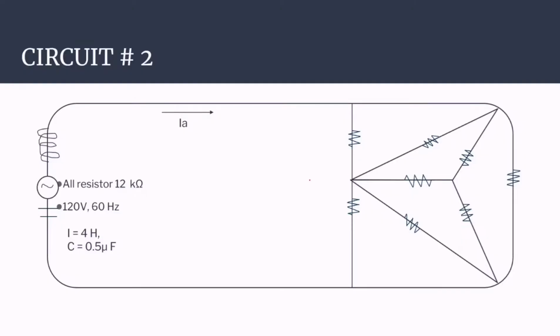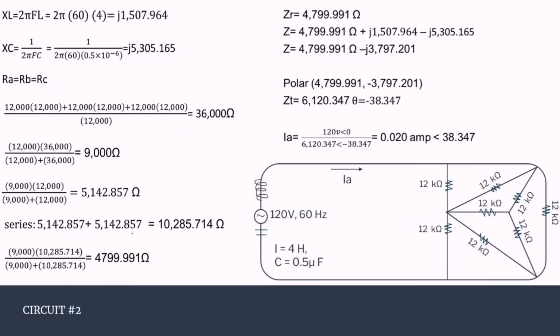For our next problem, our givens are: all resistors are 12K ohms, 120 volts, 60 hertz, 4 Henry, 0.5 microfarad. Since this problem is pretty similar to circuit 1, we're going to solve for XL and XC first again.